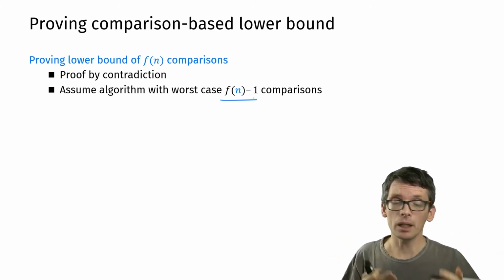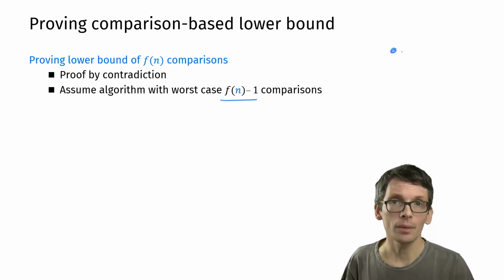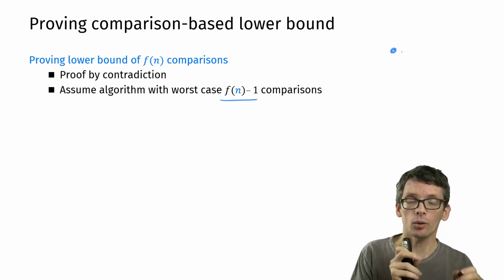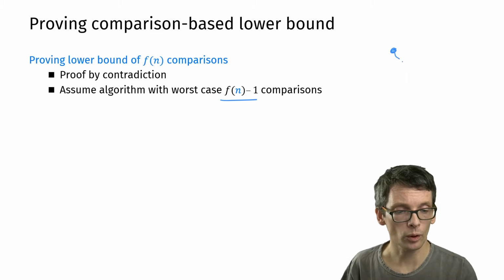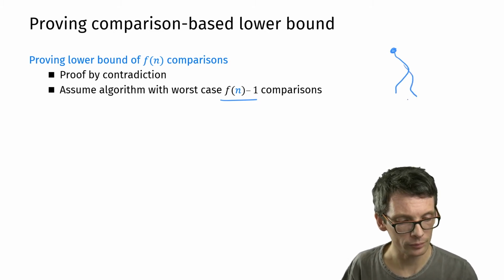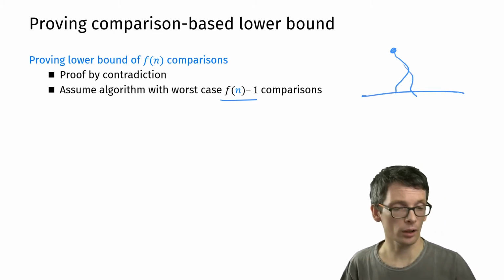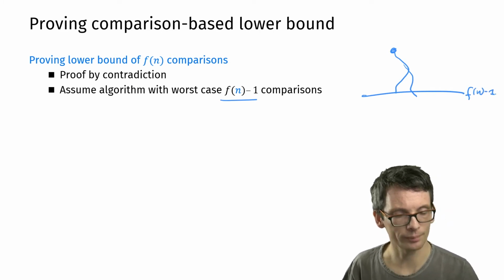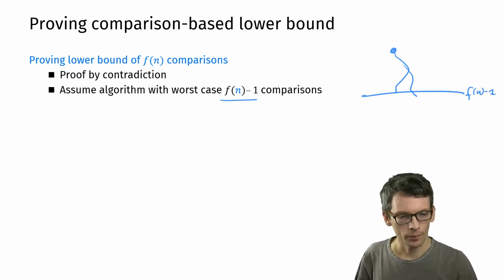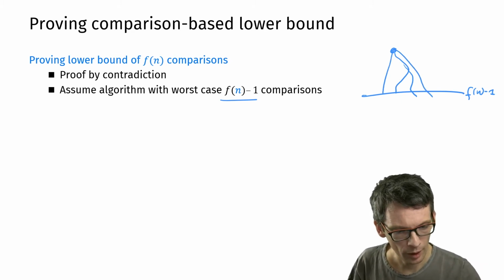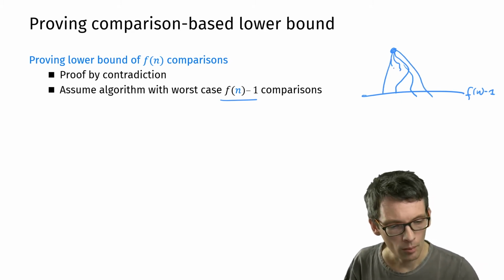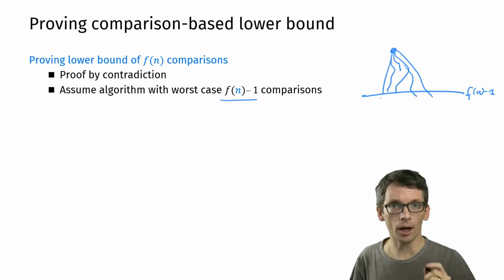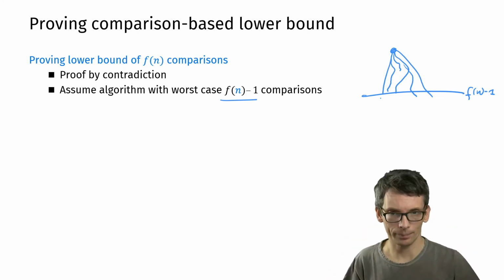So what does that mean in terms of the tree once more? It means that for this algorithm, any path from the root to a leaf cannot be longer, will not have more comparisons than f of n minus 1. So here we have our tree. It might have shorter paths, but it will not have any longer path than f of n minus 1.